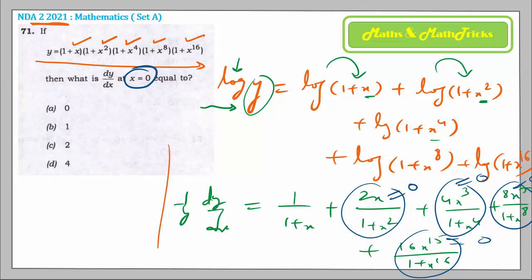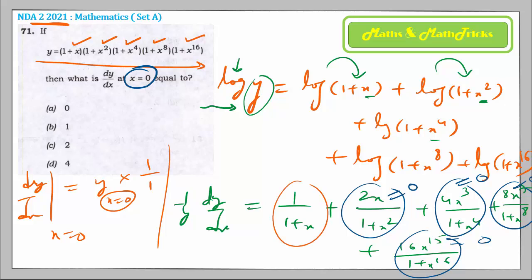So dy by dx at x equal to 0 is y at x equal to 0 into 1 upon 1 left, this value. Y at x equal to 0, what do you get? x square 0, x power 4 0, x power 8 0, x power 16 0, 1 plus 0, 1 plus 0, 1 plus 0, 1 plus 0, 1 only. So y at x equal to 0 is also 1, 1 into 1 overall. Hence the answer is option B for this particular question.